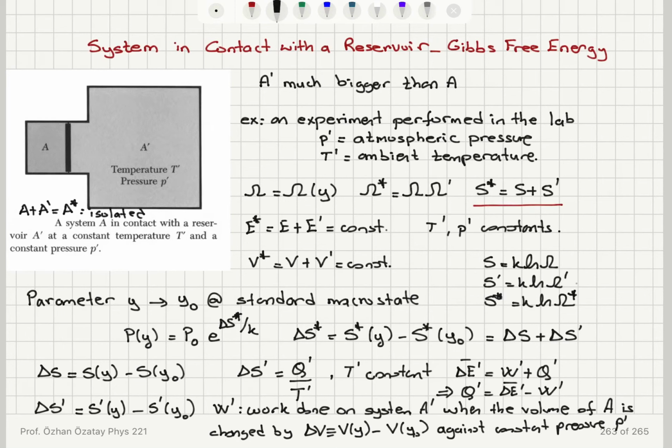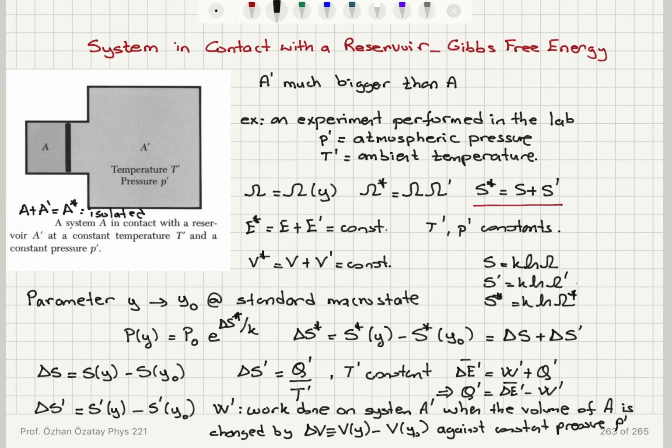And according to our postulate of equal a priori probabilities, it's the omega star that determines the probability of having a certain value of y for a given set of states.